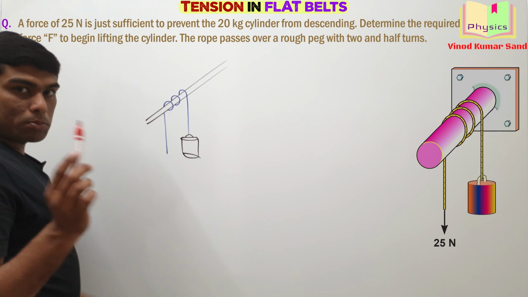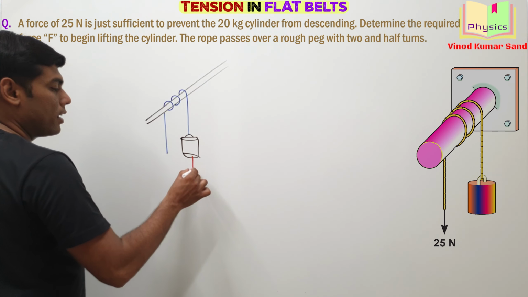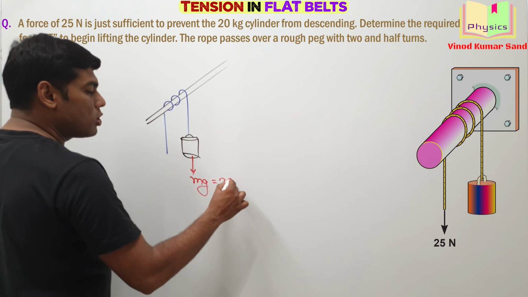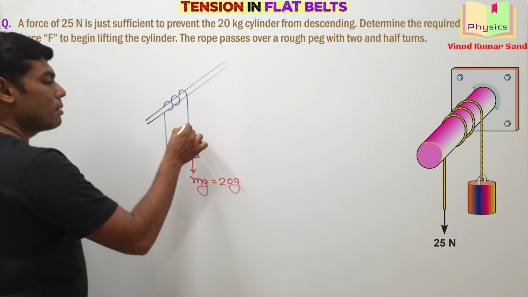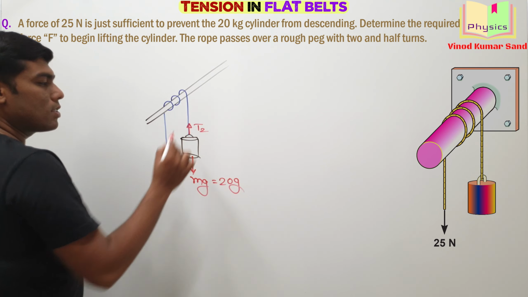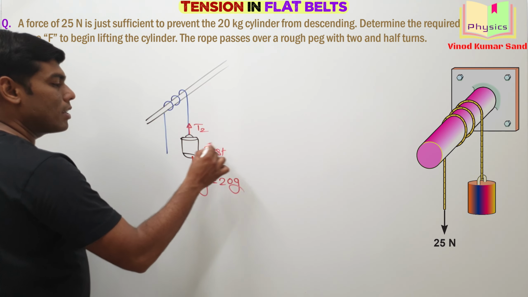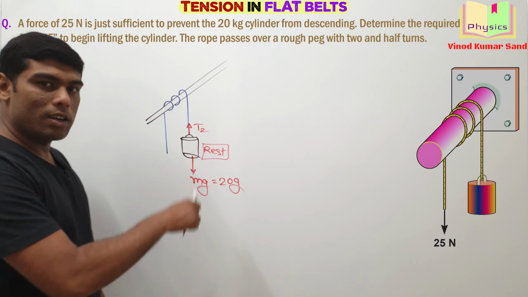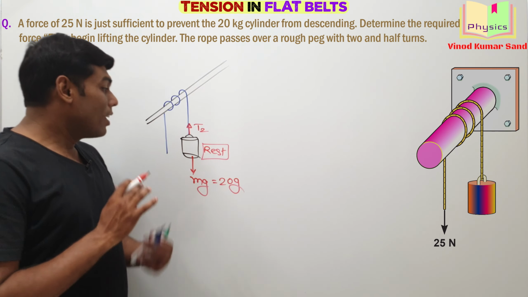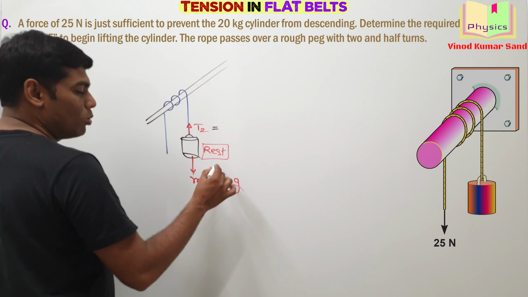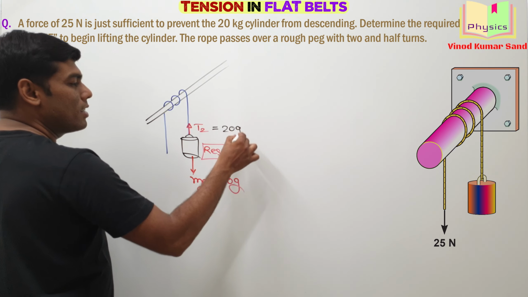So I am showing the forces on the cylinder first. Its mg will be equal to 20g, and here will be some tension which we say as T2. The cylinder is actually at rest. It has been prevented from descending. If the cylinder is at rest, then we can directly say that T2 should be equal to 20g.